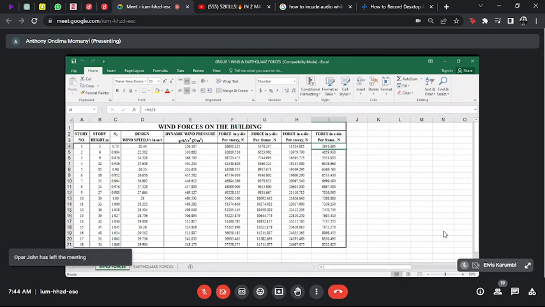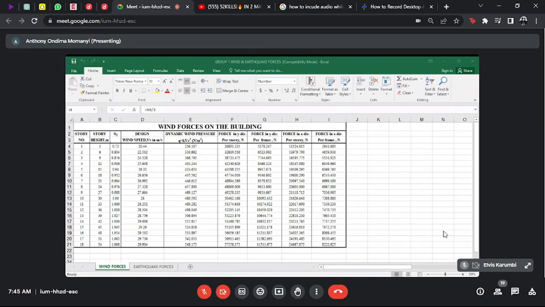Great. I think you guys have done a good job on this wind calculation. I'm very pleased. I think this is the direction to go, and you notice that if you have a rough idea how to work with Excel sheets, you can really ease up your calculations, not just for these analyses for wind and earthquake, but also many other structural analysis calculations, things like moment distribution.